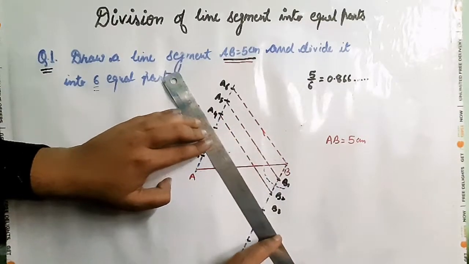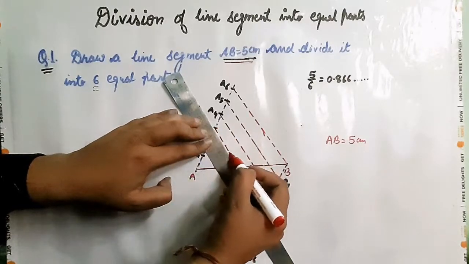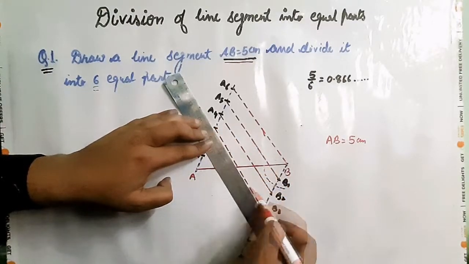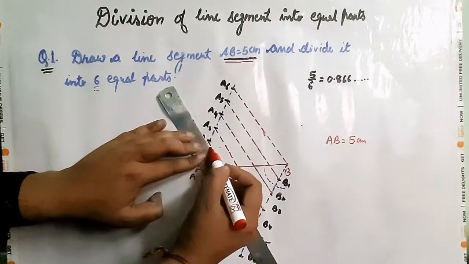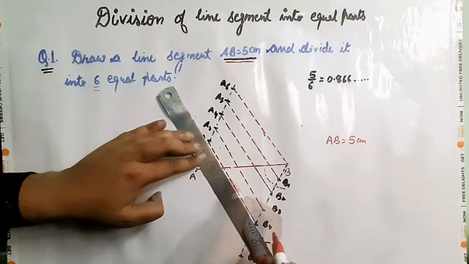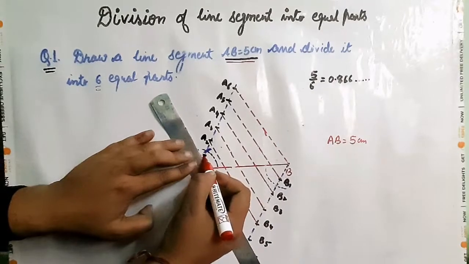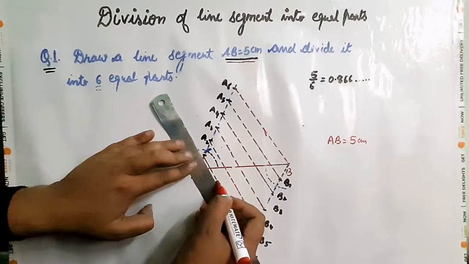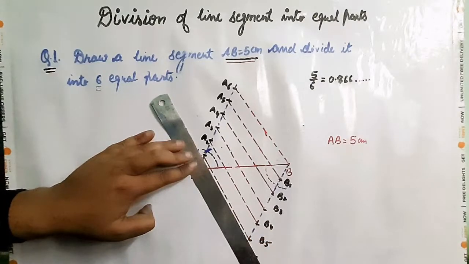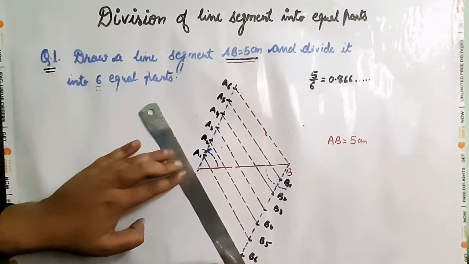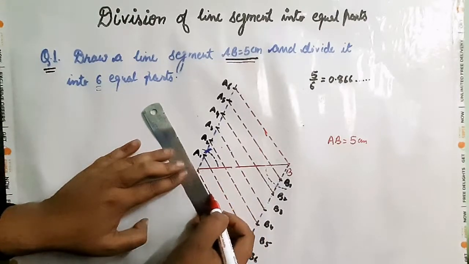Then A3 to B3. Then A2 to B4. Then A1 to B5. And automatically your last vertex will be joined with B6.